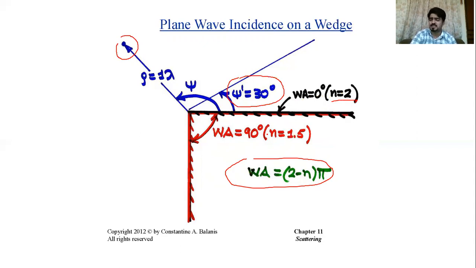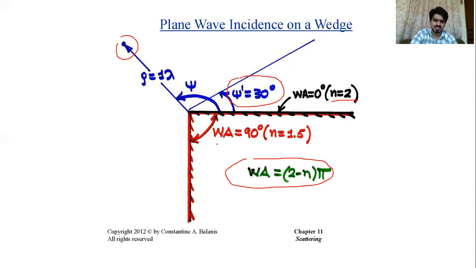When you have a wedge angle of 0 degrees, that is nothing but a knife wedge, like the edge you would see on a knife. We'll see how that kind of edge diffracts or scatters the waves, and it can also be called a half plane.